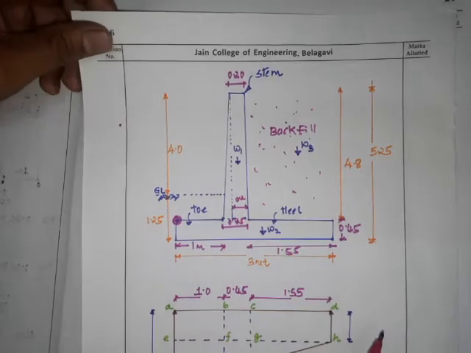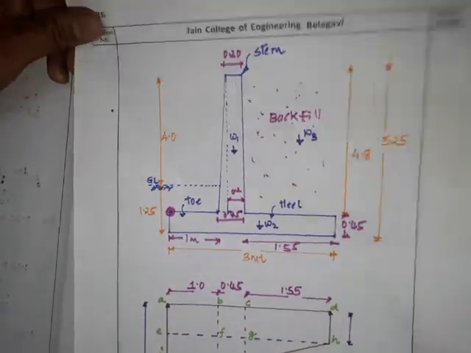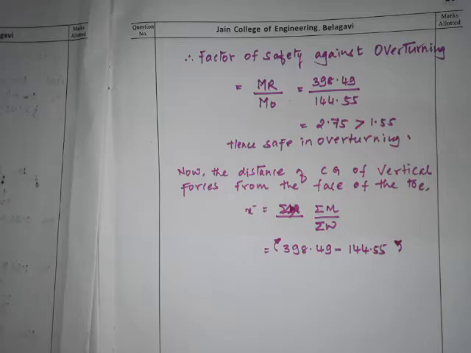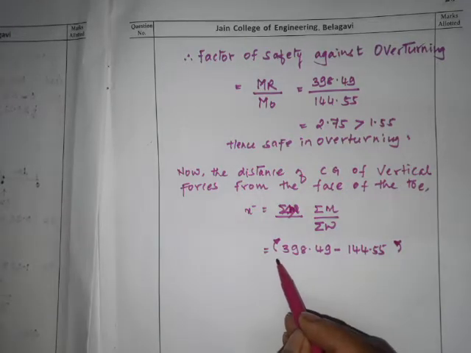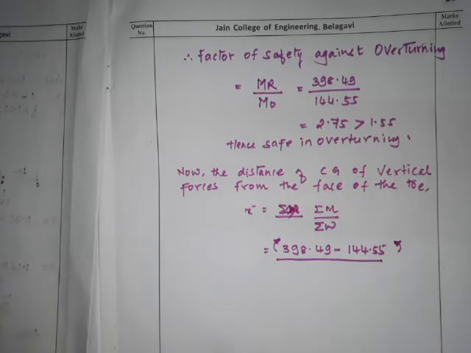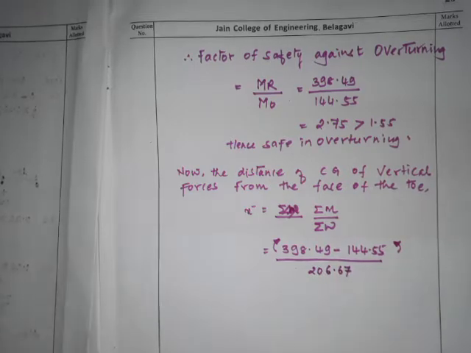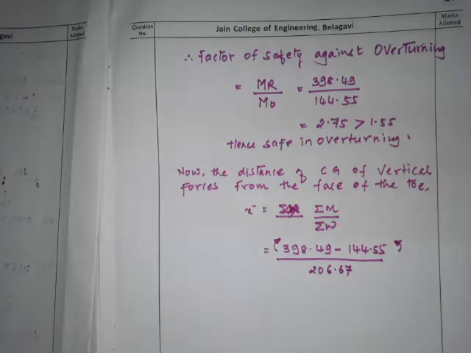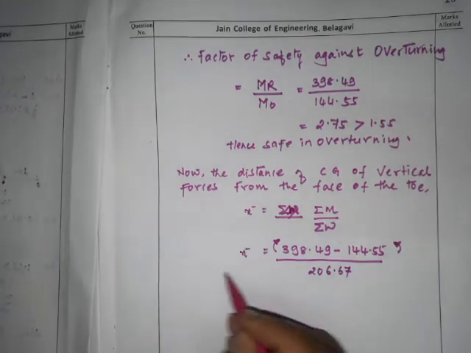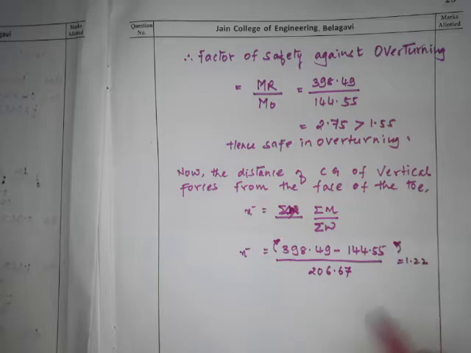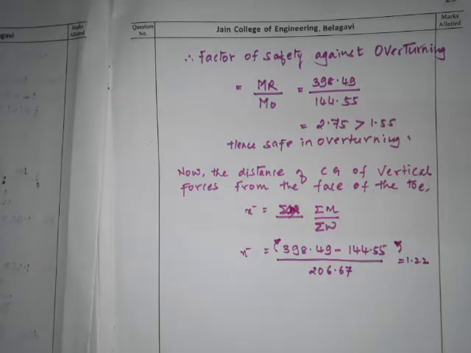That's why it is the summation of all the moments, divided by the summation of vertical forces, which we have got as 206.67. So we will get x bar equal to 1.22.